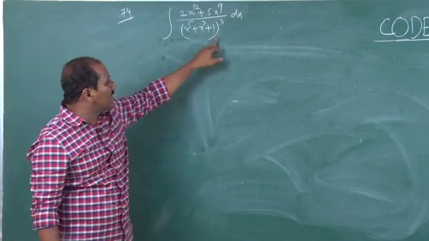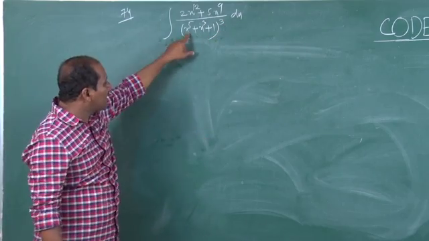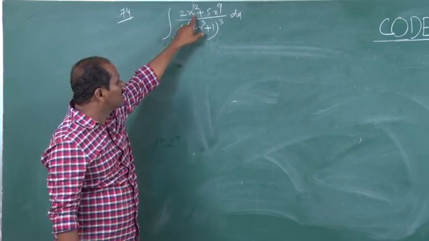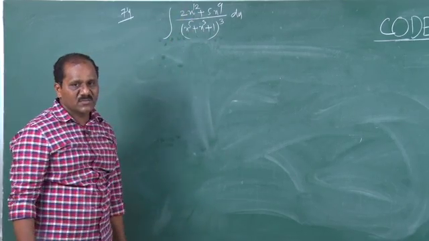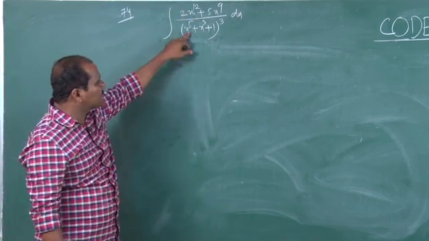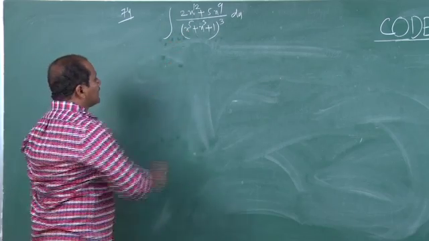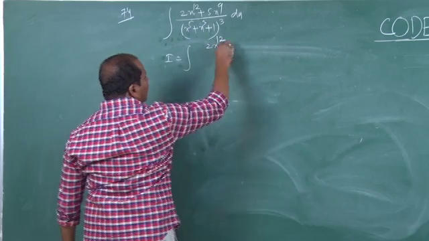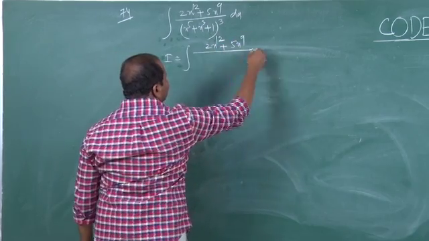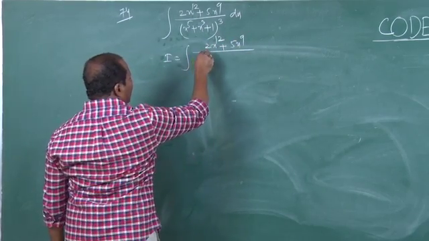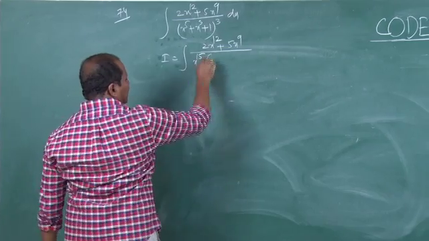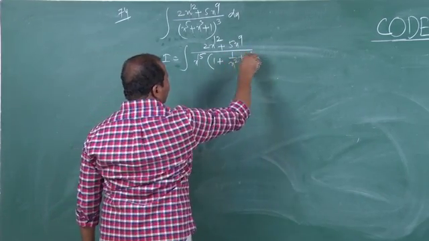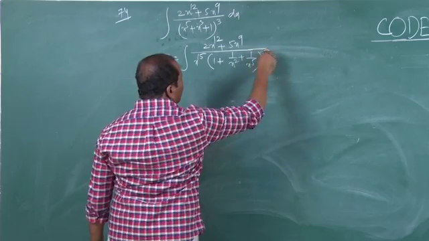Here, since the denominator contains a whole cube, by taking x common, outside it will be x cube. By dividing with x cube, the remaining terms will not be adjusted. So the only correct way is to take x power 5 from the denominator. After taking x power 5 from the denominator, (2 into x power 12 plus 5 into x power 9) whole divided by, when x power 5 comes outside, it becomes x power 15 into (1 plus 1 by x square plus 1 by x cube) whole cube.